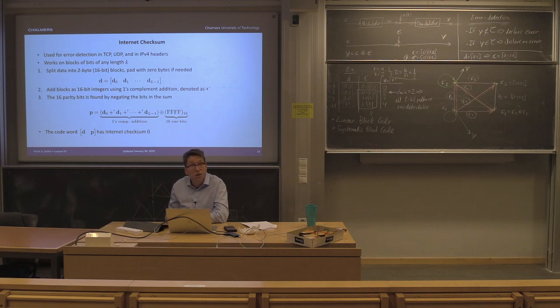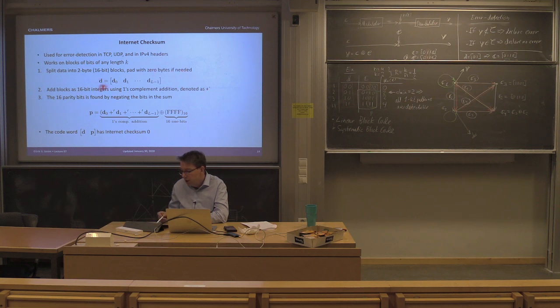The idea was that this was a code where we could do encoding and decoding very efficiently with the type of hardware that was available at that time. So it works like this. We have data, and we split that into 16-bit blocks, or 2-byte blocks, which is the same. And then we pad with 0 bytes if needed, or bits also, I guess.